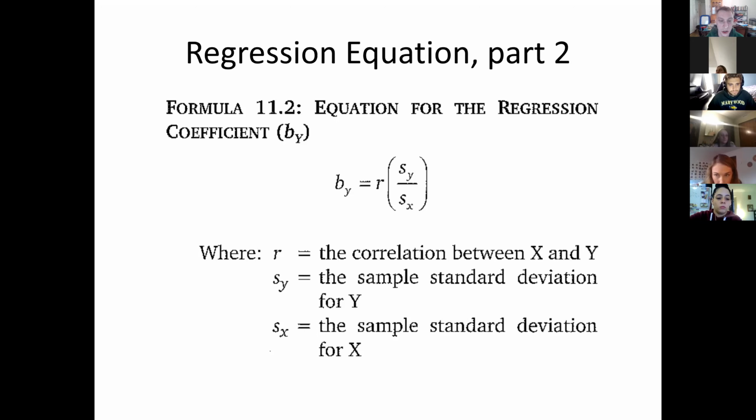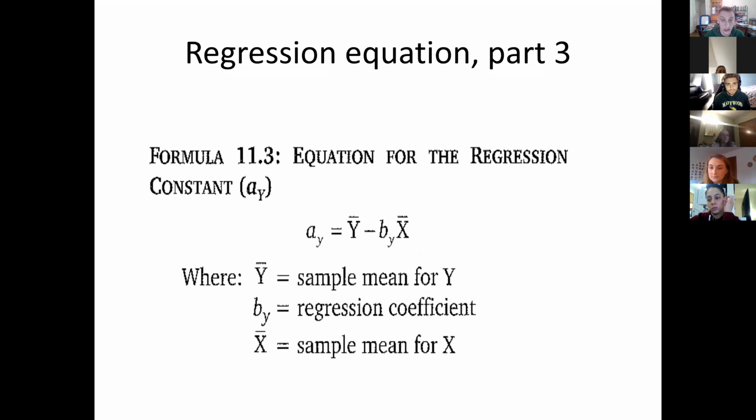And so what that gives you is how much y changes for every unit increase in x. So every time x goes up, y is predicted to change this much. That's what b is telling you. It's sometimes also called the beta weight. It's called the weight because it's weighting the effect of x on y. Okay, so that's one of the major important stats in the regression equation.